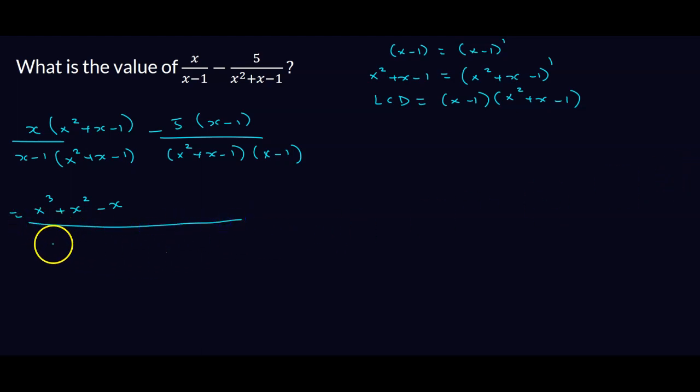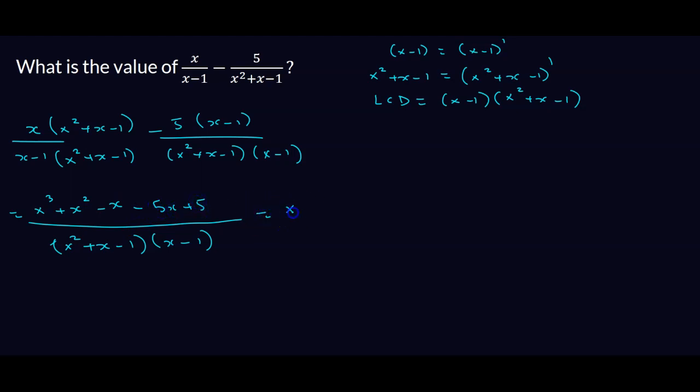We have a common denominator of x squared plus x minus 1 multiplied by x minus 1. So this is minus 5x plus 5.